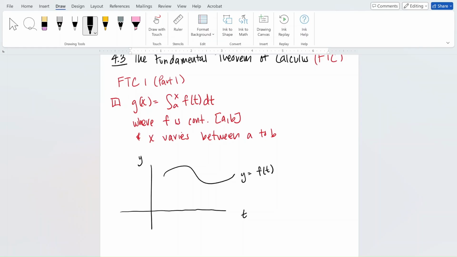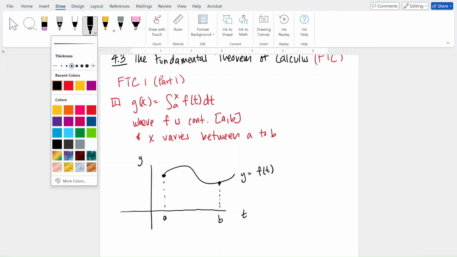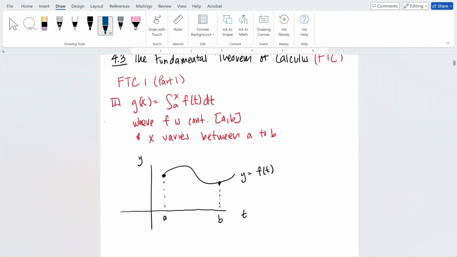Let's call this value right here a, and right here b. So we have f being continuous from a to b. You can see that it's continuous from here to here, and x is somewhere in between. So let's say that x is like right there. It's between a and b.